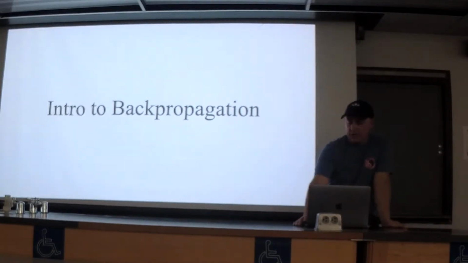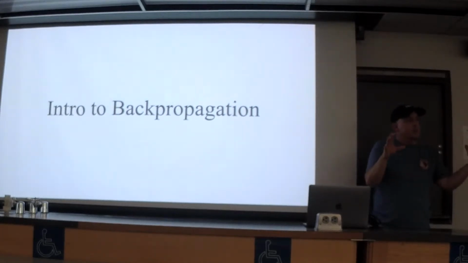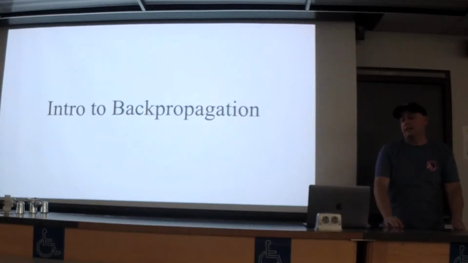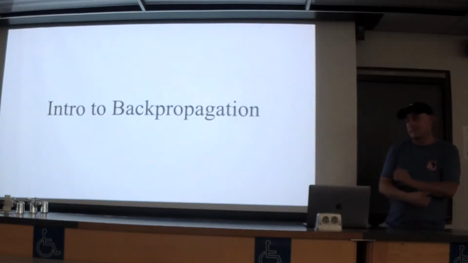I'm going to introduce you to this right now, and we'll spend more time on it the next time that we meet. This is really critical. A lot of things have come together to make deep learning work the way it works, and one of the really important elements of that is this algorithm of backpropagation.